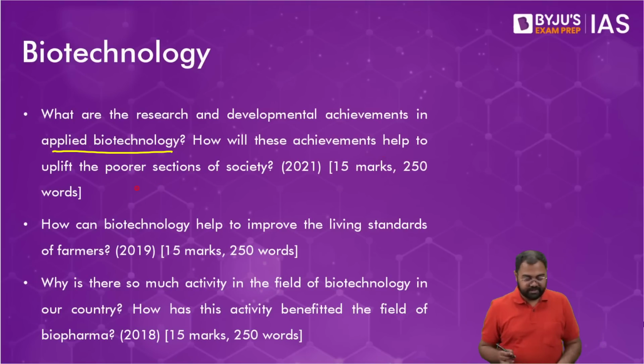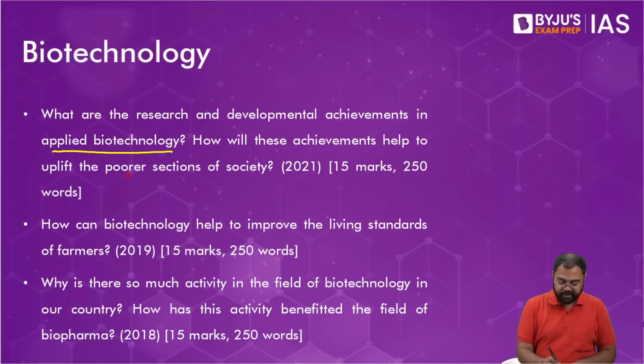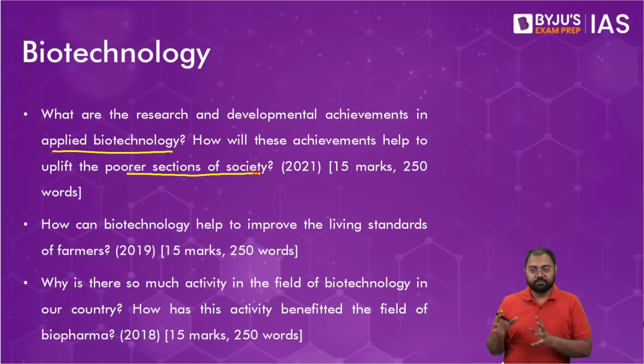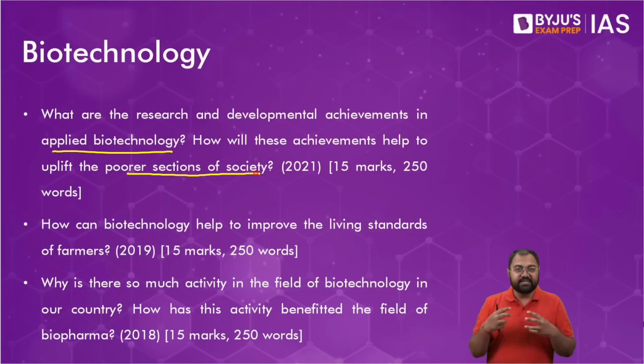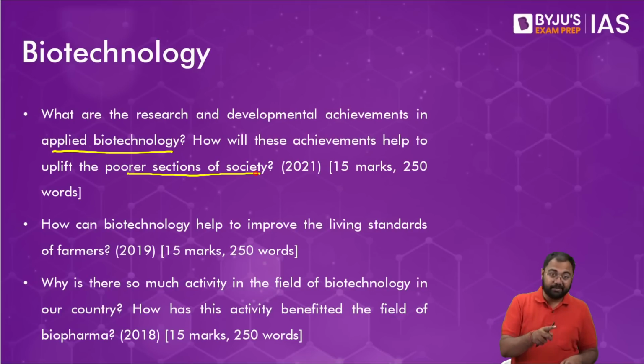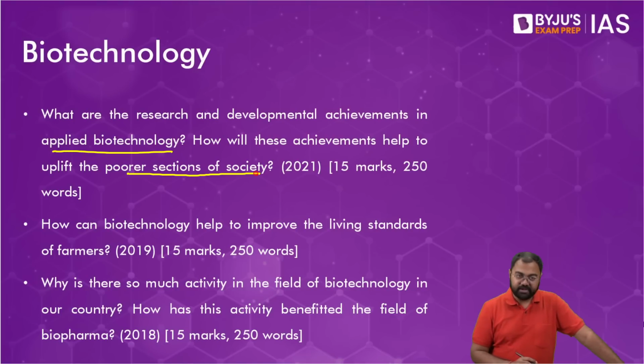How does it help in upliftment? Think from the perspective of employment, of medical help, of agriculture, and how the biotechnology-based developments have helped. That is what you have to write about in this particular answer.